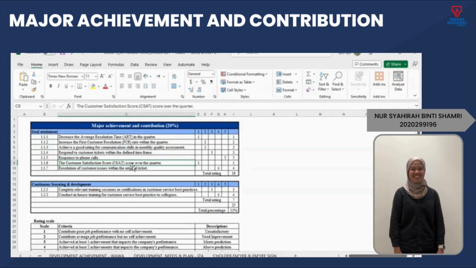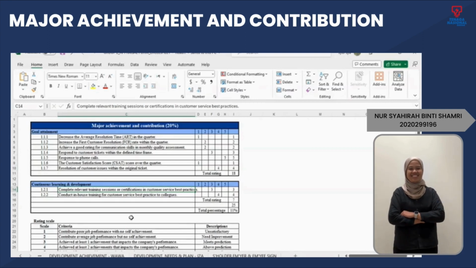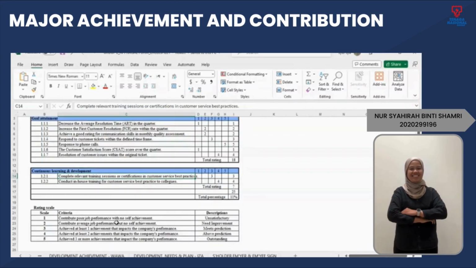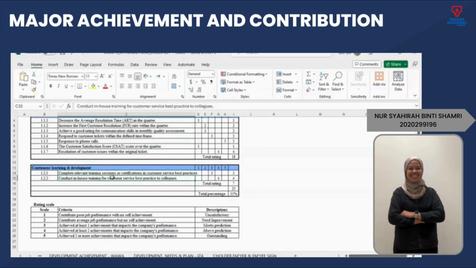While for contribution, employees will be assessed based on their attendance at training sessions, and also their own certificates, and how they utilize the input for the betterment of the company. They also need to share the inputs and learnings from the courses and training with their colleagues too.